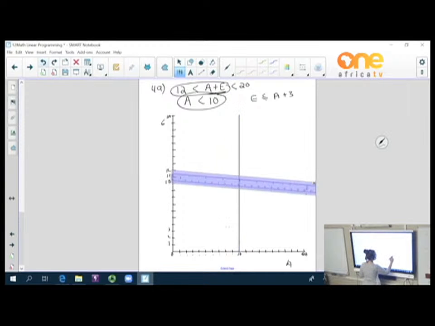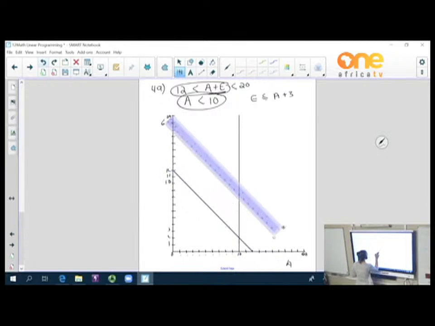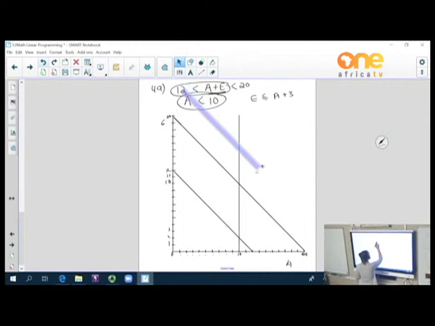So what we will do is we will go to 12 on both axes, because if we add them together, they will be more than 12, but they will also be less than 20. So we will take our ruler to the 12s and you will draw your line for your inequality. And then there we have Argentina and England is less than 20.